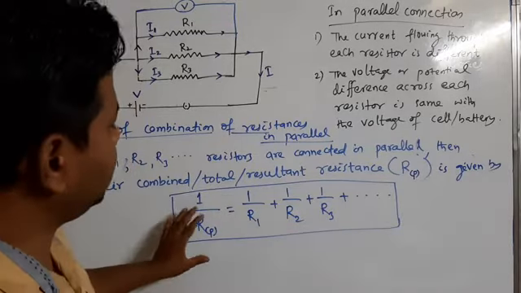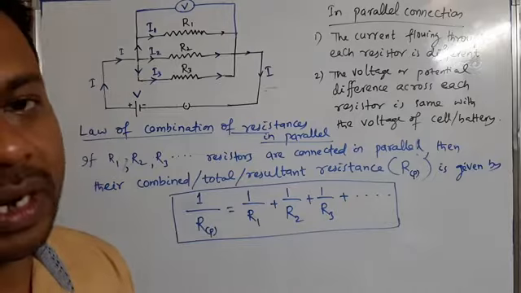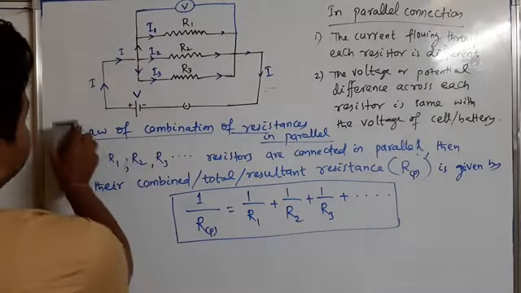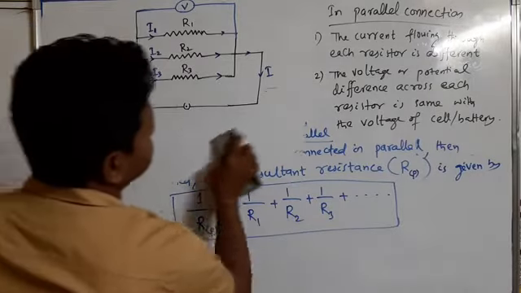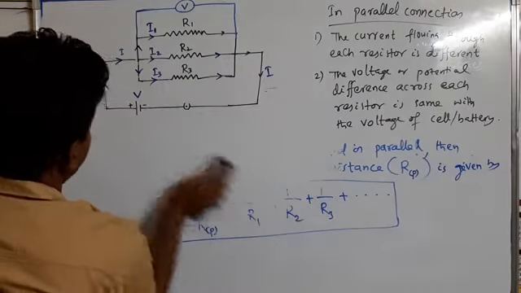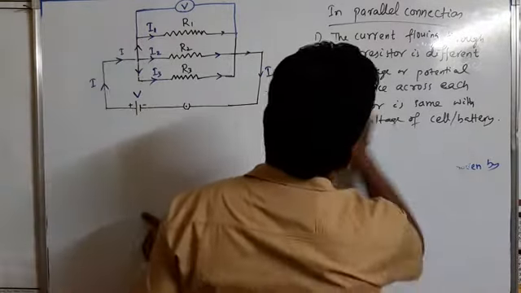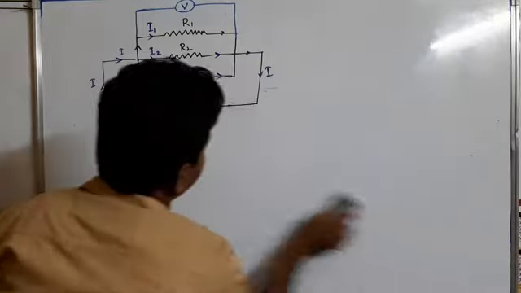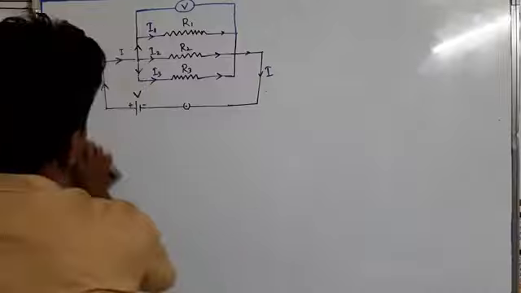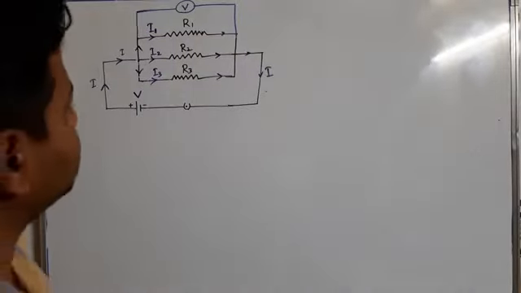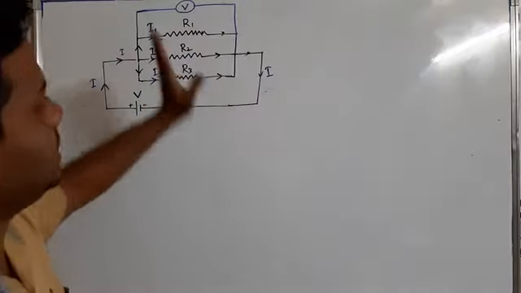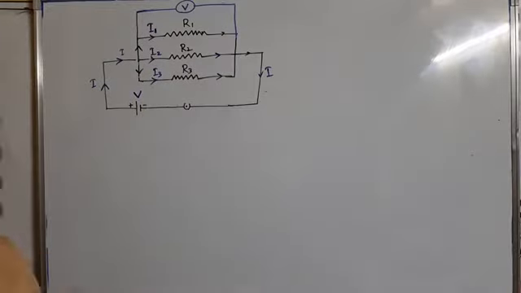Then the question is the derivation of this formula. How can we derive this formula? We can derive this formula from this diagram. Already we have drawn the diagram, and also you have to remember one thing, in parallel connection the current is different in each resistor, but the potential difference is same across each resistor.